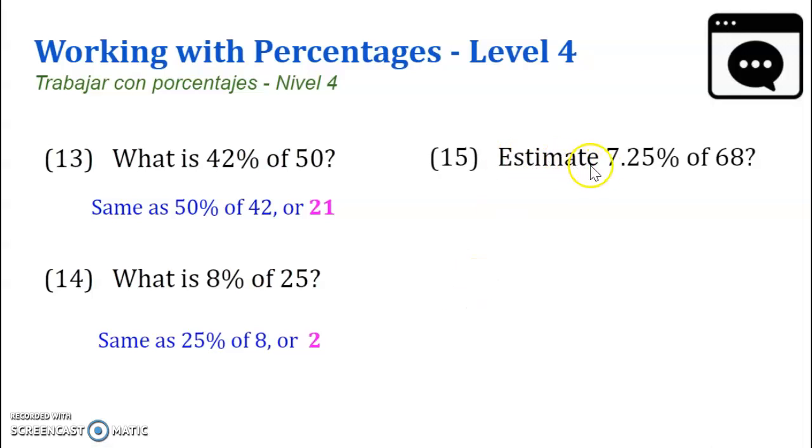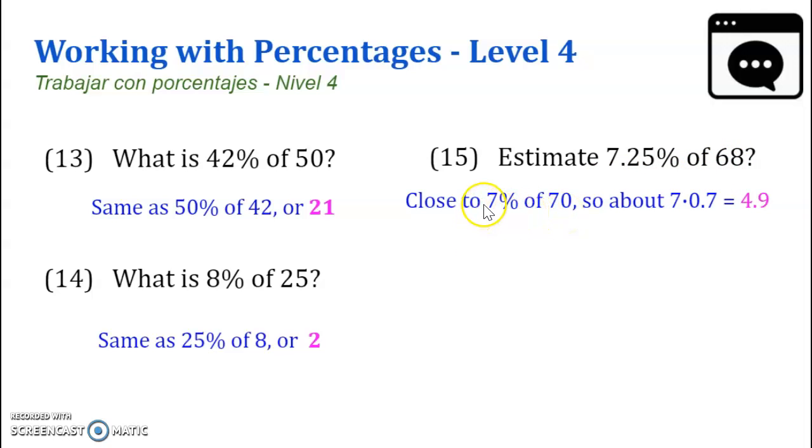What about estimating 7.25% of 68? Notice it says estimate. I don't need it accurate. I need it close enough. So in that case, I am going to round 7.25% to be 7%. And 68, I can round up to be close to 70.